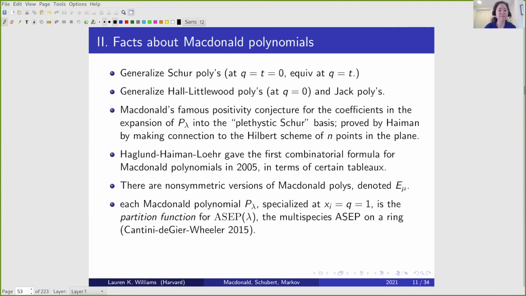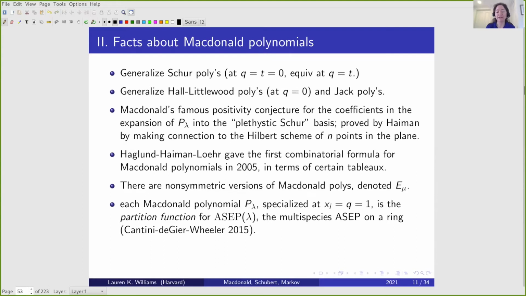So I'm using the terminology here, partition function for ASEP of lambda. What I mean is that if you look at the steady state probabilities for ASEP of lambda, these probabilities are going to be rational functions. You can write them as ratios of polynomials in t.